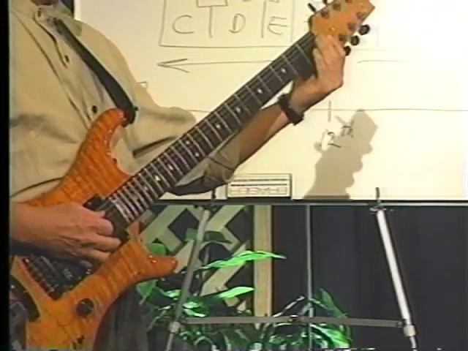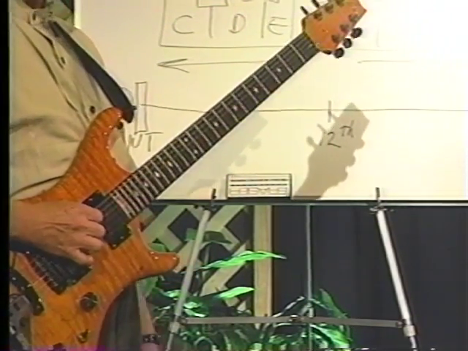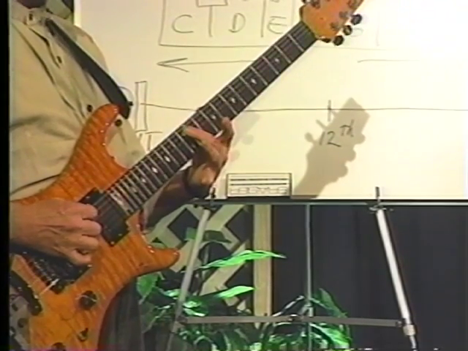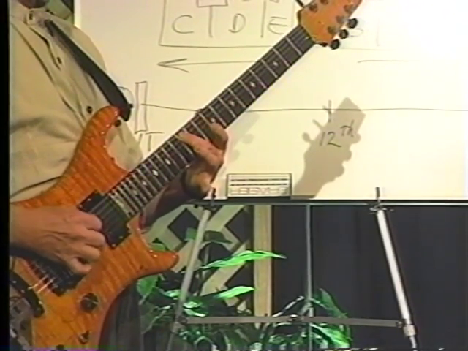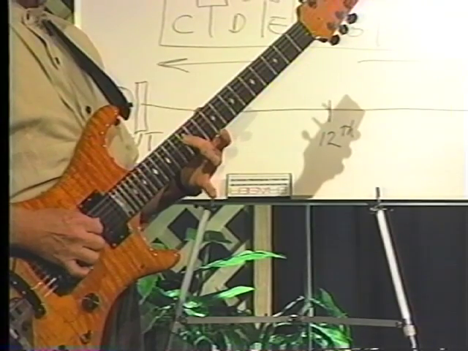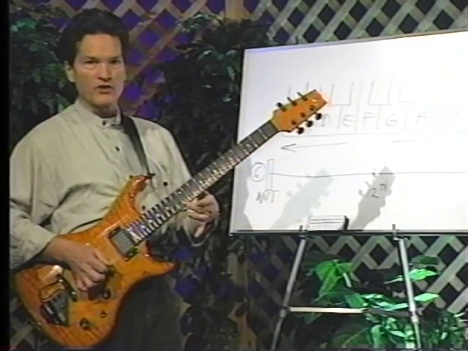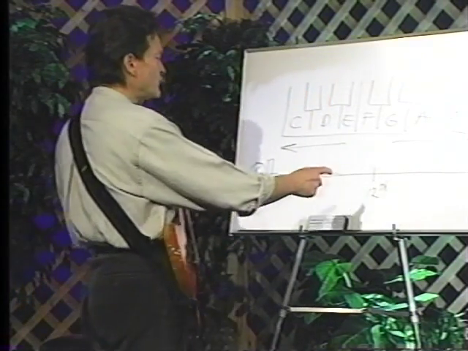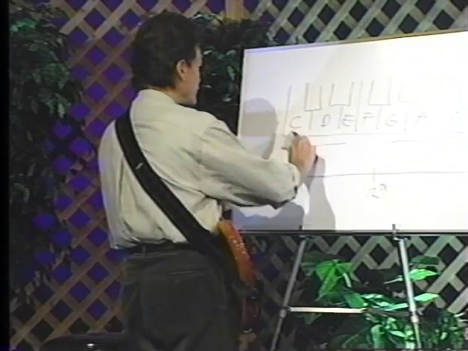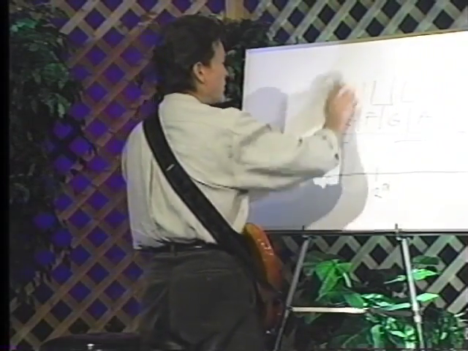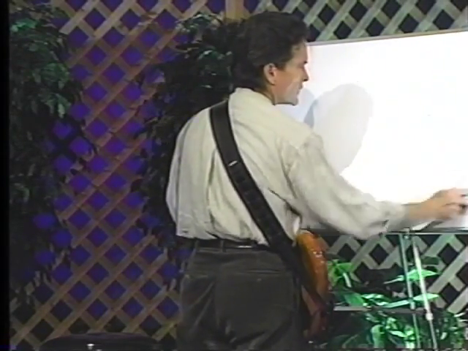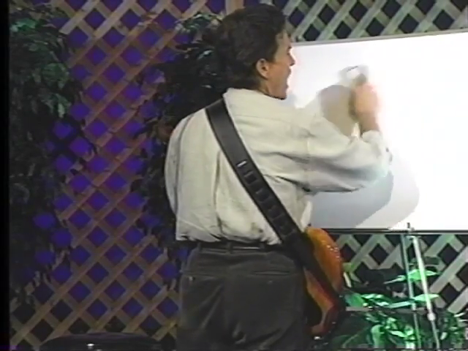Now, each string could then be divided in octaves from open string to the 12th fret. 5th string is A to A, D to D on the 4th string, G to G on the 3rd string, B to B on the 2nd string, and E to E on the 1st string. So now what we've done is we've taken the guitar's 1 string and we've divided that string in half, and we have created the octave.